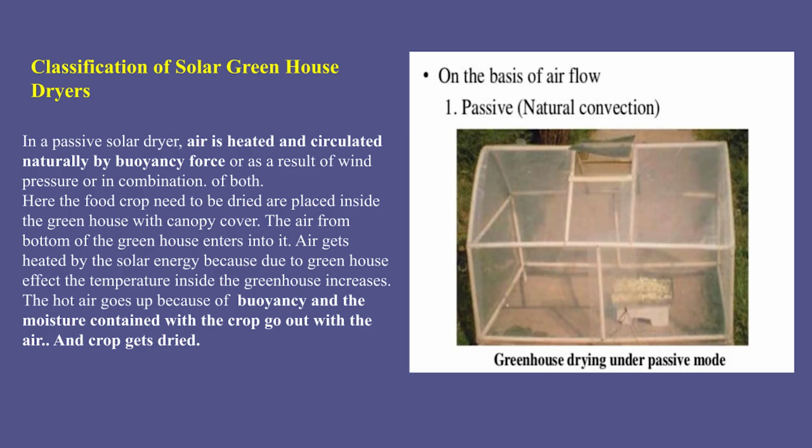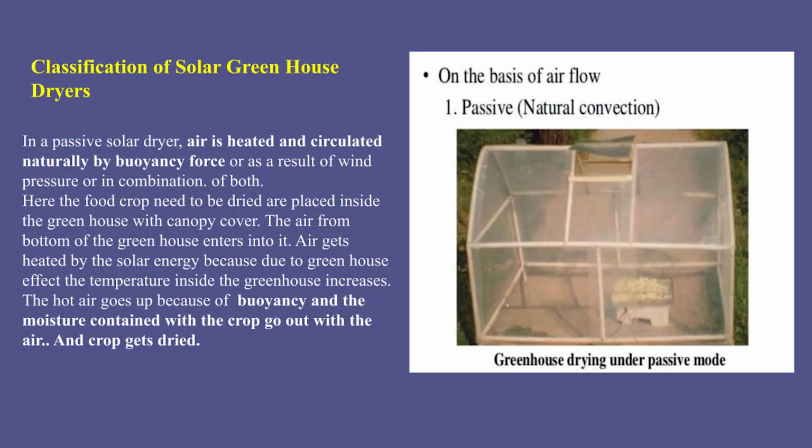Natural convection is sometimes also called the passive mode of heating, and forced convection is called the active mode of heating. In a passive solar dryer, air is heated and circulated naturally by buoyancy or as a result of wind pressure, or a combination of both. Here the food crop to be dried is placed inside the greenhouse.